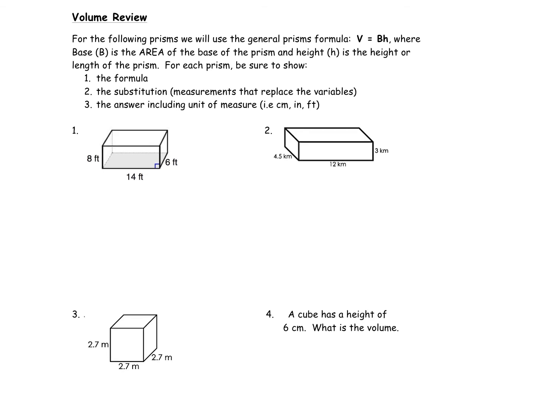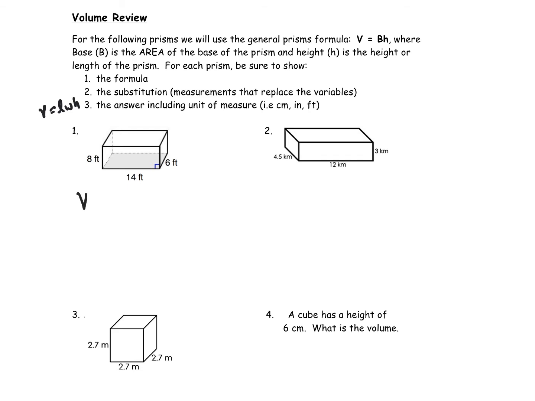So I also want to mention that some of these prisms we're working with have their own specific formula. For instance, if we're working with a rectangular prism, which is this one, and you may have also used this in the past, we could write volume equals length times width times height. And we're actually going to do that when we start with the general formula.